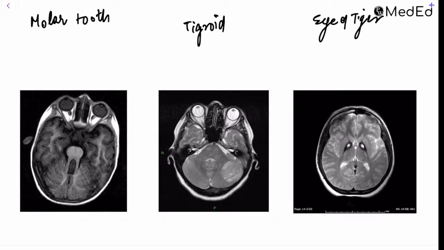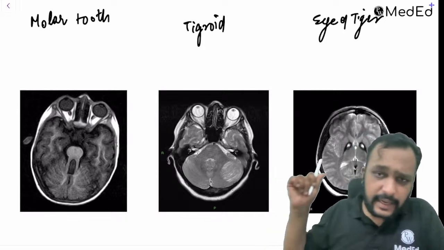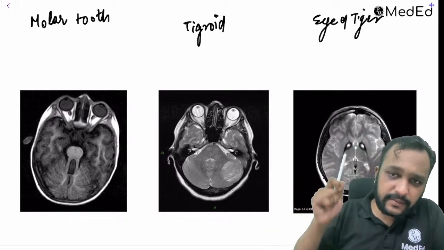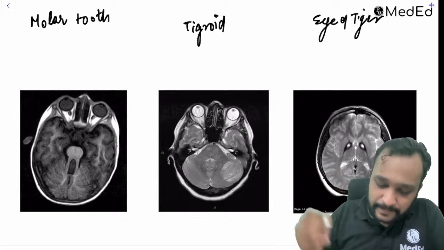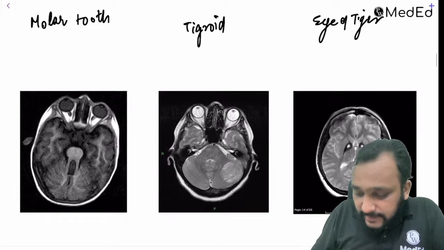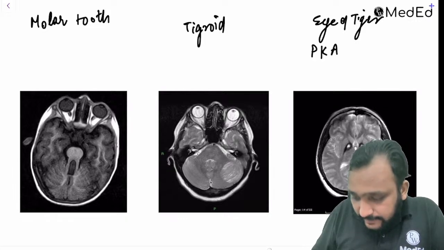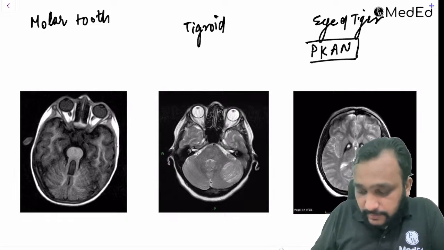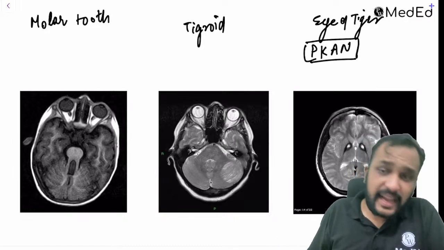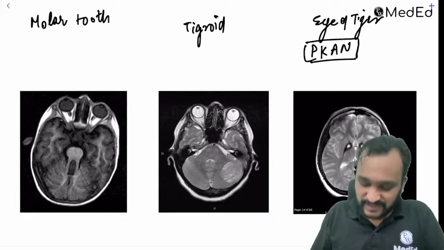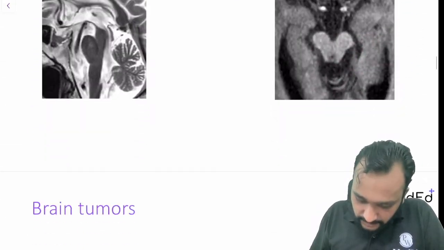And in the third image, you can see there is an eye of tiger appearance. That is due to the iron deposition in the basal ganglia, and this is seen in pantothenate kinase associated neurodegeneration, previously known as Hallervorden-Spatz disease, right?